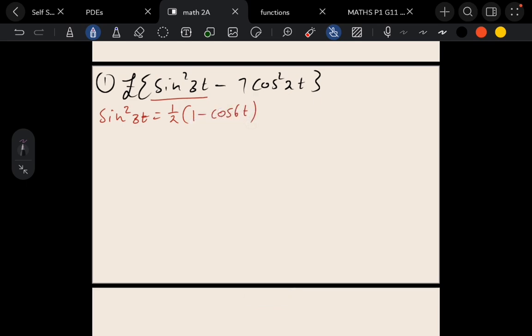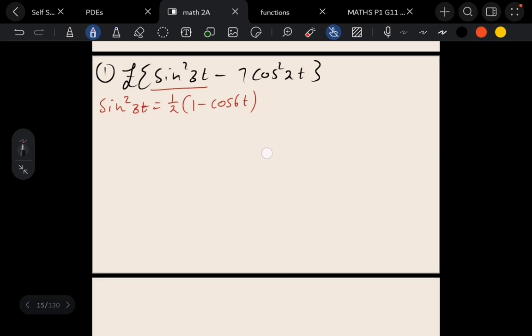You are only going to find the Laplace transform of a trigonometric function if the exponent of the trigonometric function is 1. You cannot find the Laplace transform of a trigonometric function that has an exponent more than 1. Right? So bear that in mind.